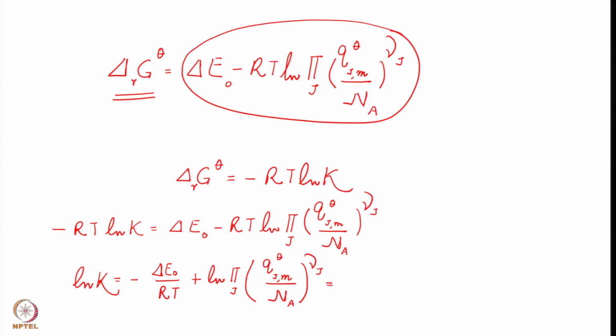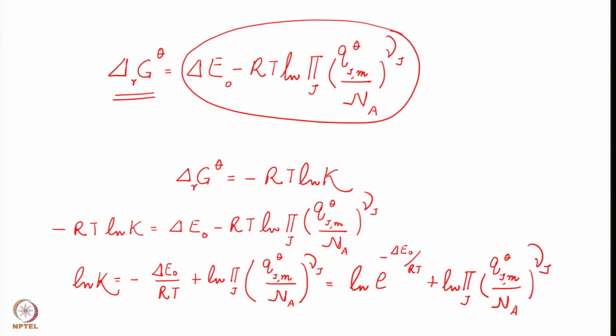If I can further extend this, I can write log exponential minus delta E naught by RT plus log this product q J m naught by Na raised to the power stoichiometric number.